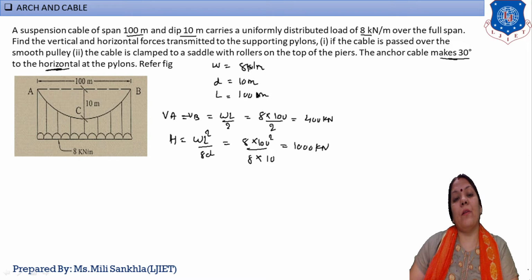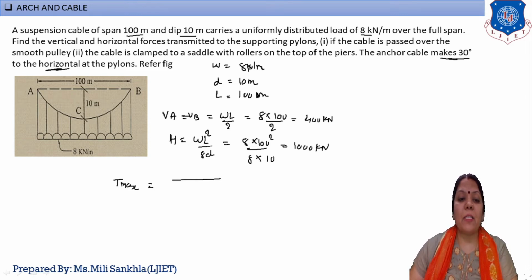Okay, now here we solve the example for maximum value, that means T minimum is equal to H, but here we find out the value of these horizontal and vertical forces for cable mounted on pulley and cable mounted on saddle. We have to consider the maximum value of tension force. So first of all we find T max, and T max is equal to under root of VA square plus H square.